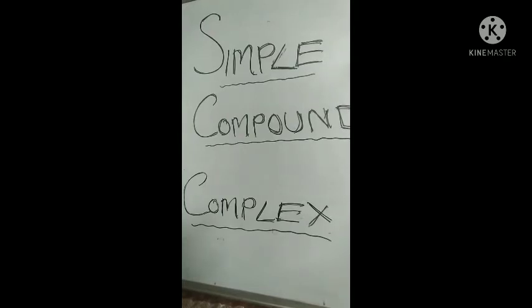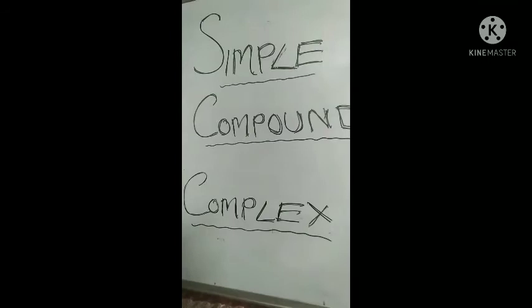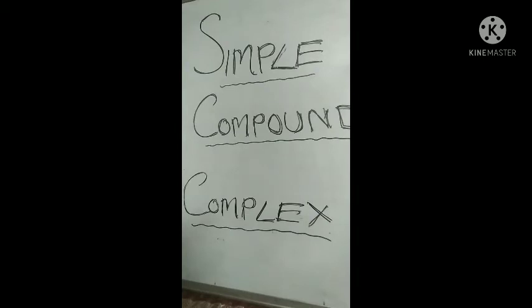So now, students, I think you can easily understand how to recognize which sentence is compound and which is complex. Suppose, "In spite of his poverty he is happy." It's a simple sentence. Why? We have discussed before that "in spite of" is the indication of a simple sentence.